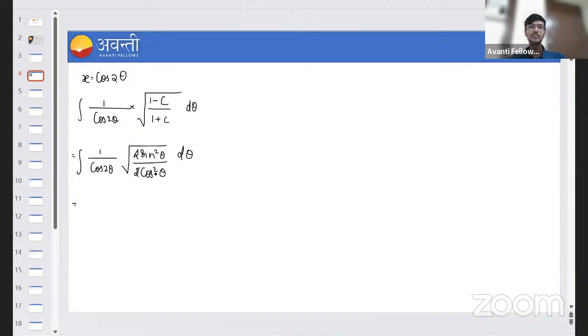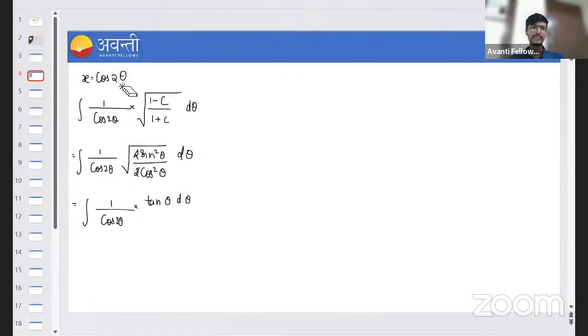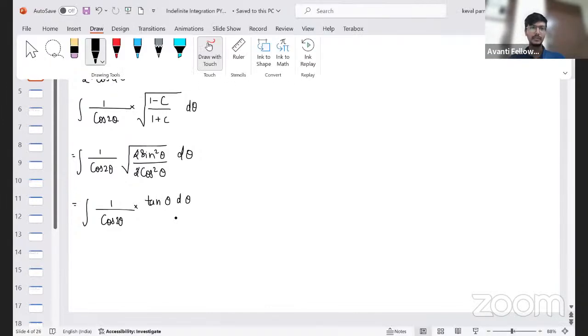Sine square upon cos square is tan square. So, this will be equal to the integration of 1 upon cos 2 theta into tan theta d theta, not tan square, tan theta, because it is under root.